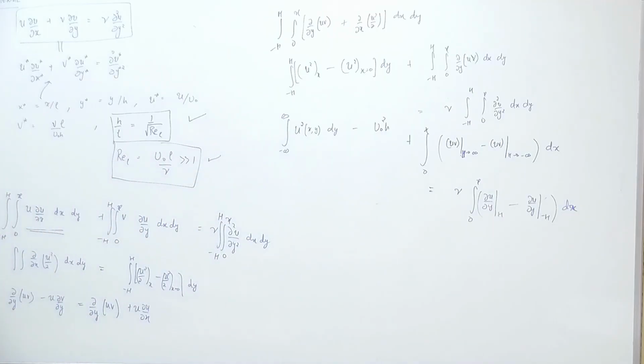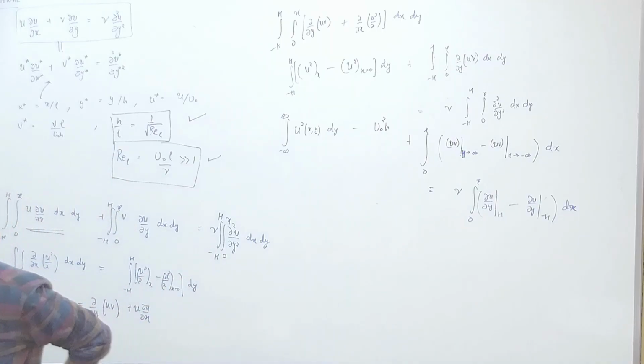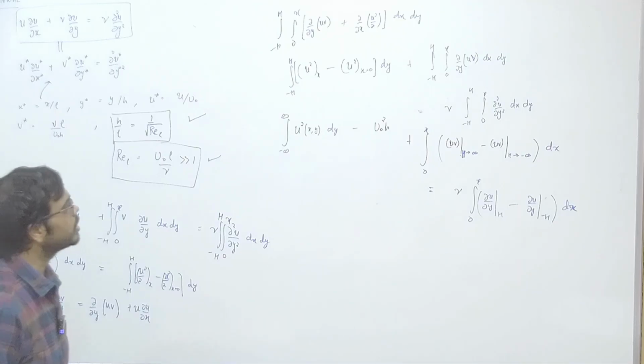And so, what do we get from this? What can you say about u v in the limit H tends to infinity? Now, we have said that you cannot just ignore the integration of v in x. V might be very small, but if you are integrating over a large enough distance, that is not going to cut it.